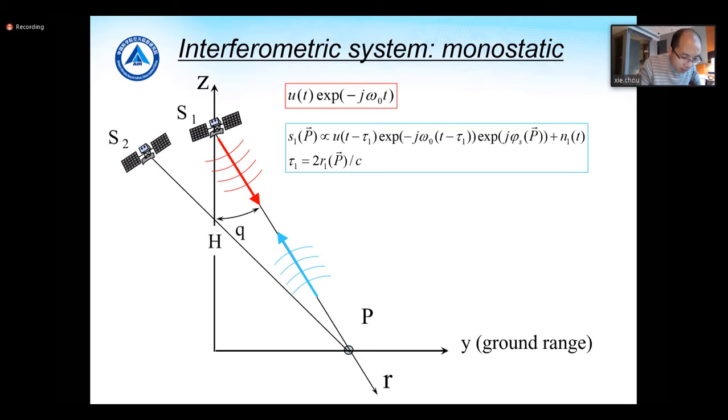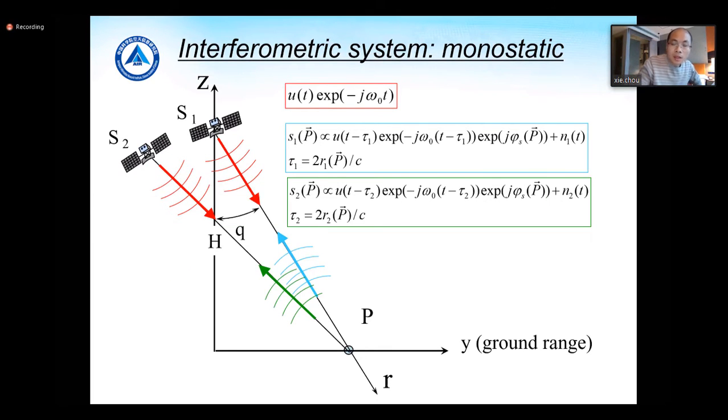In other words, the transmitter and the receiver share one antenna. Most of the satellite systems are monostatic systems, such as Cosmo, ALOS-1, ALOS-2, Envisat ASAR.